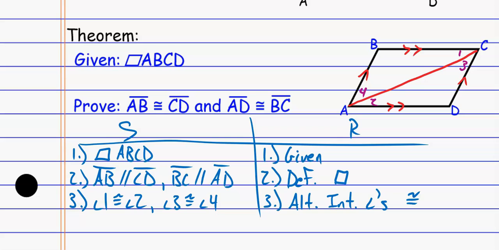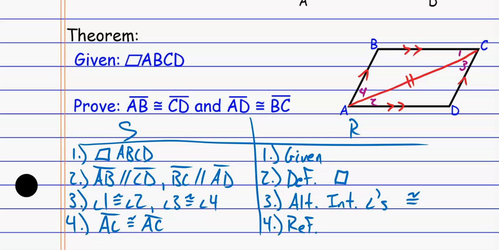And so what I have here is two angles. The other thing that I have is that AC is congruent to itself, because it's the same thing. So I can easily say that AC is congruent to AC, and again, that's because of the reflexive property.